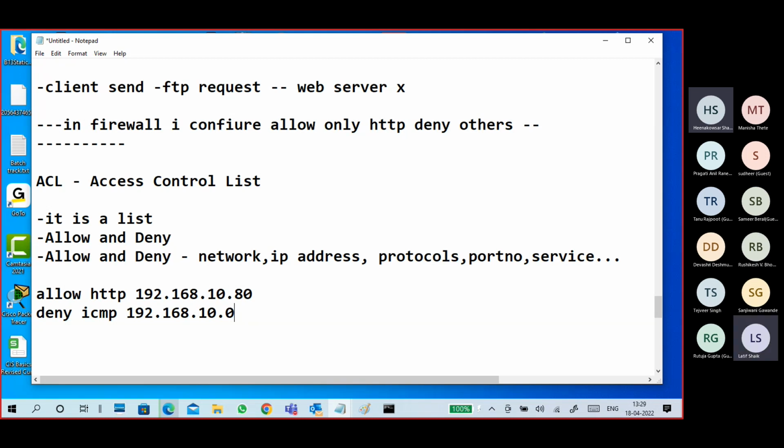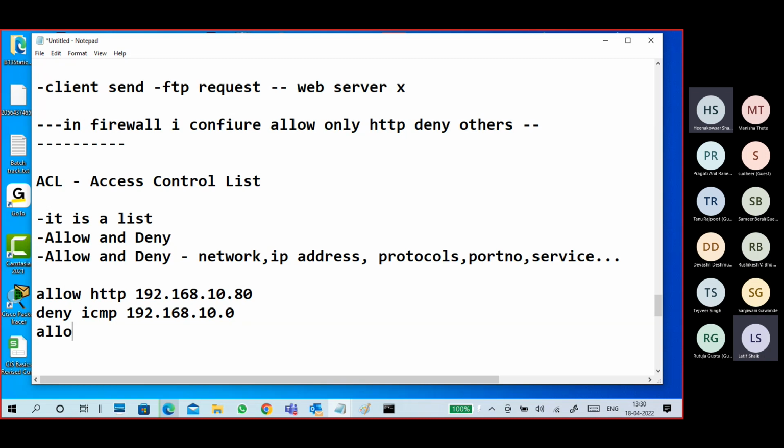But if I try to open a web page from 192.168.10.80, the web page opens. For one particular server, the web page opens. And if I try to ping any of the network, I am not able to access it. So like that, we can allow certain networks, certain IP addresses, certain protocols or port numbers, or service wise.